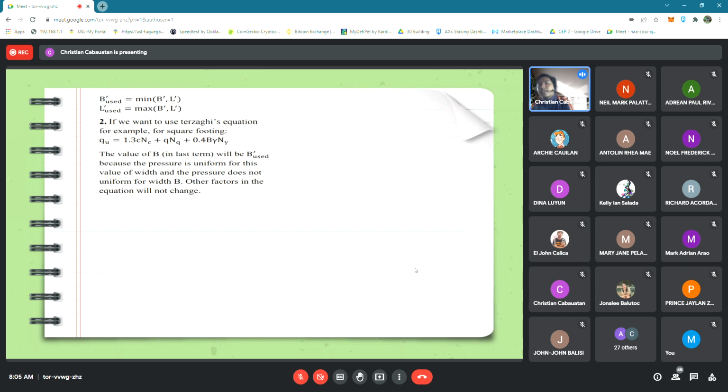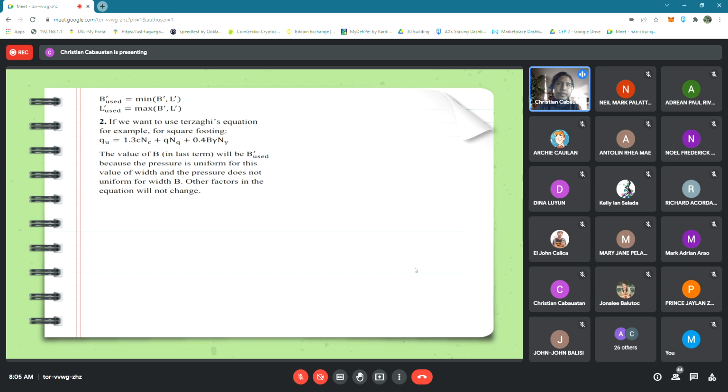And for circular footing, it would be 1.3 cNc plus qNq plus, I think, 0.3 gamma B N gamma. So the value of B there, sa last term, before the gamma there, magiging B prime na sinolve natin, not the original B.